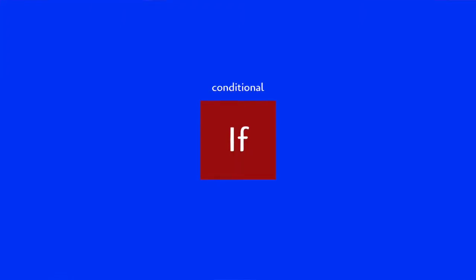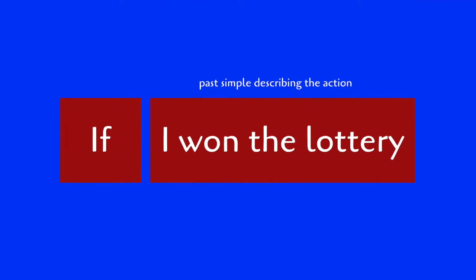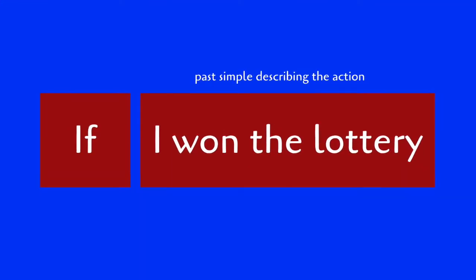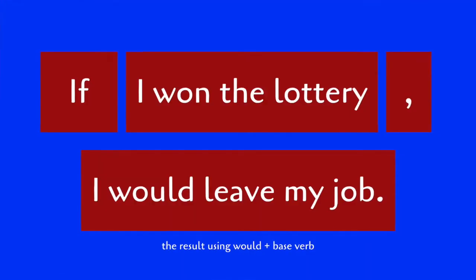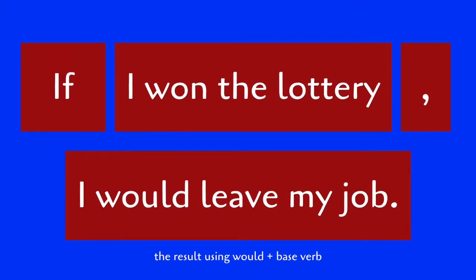If shows this as a conditional sentence. I won the lottery. The past simple describes the action. A comma must be used at the end of the if clause if the if clause starts the sentence. I would leave my job. The result is described using would plus base form of the verb.